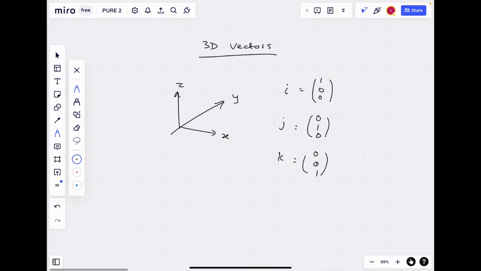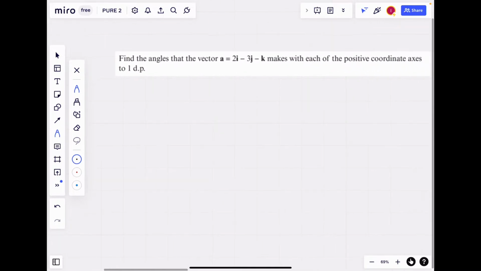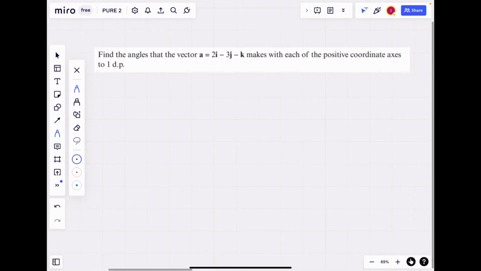So everything that you've done already with vectors is going to be the same. There's no difference. It's just now you have another term. You have k to be mindful of.